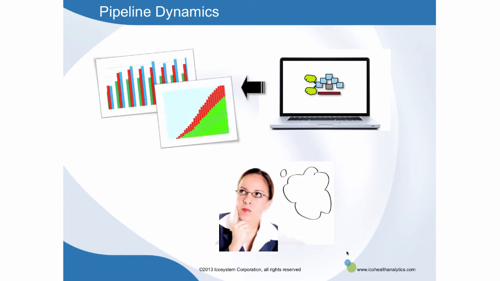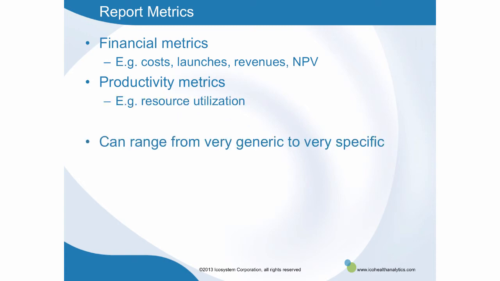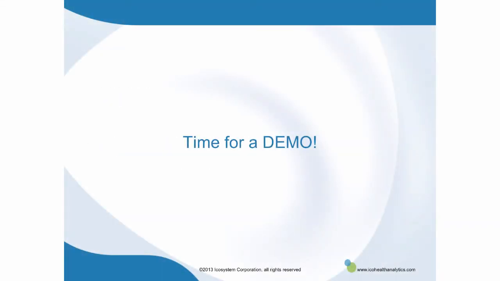This data is then aggregated into reports on financial metrics such as costs, launches, revenues, net present value, or productivity metrics such as resource utilization. The reports can range from very specific to very generic because the collected data can be sliced and diced based on a multitude of asset properties. Now that you have an idea about what SPM does and what it's for, in the next video, it's time to see it in action on our example case study.